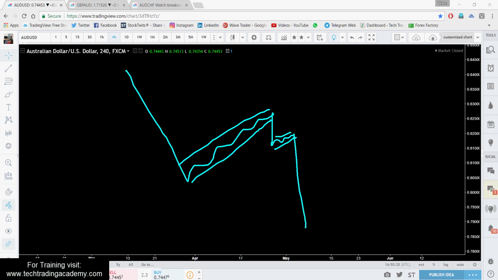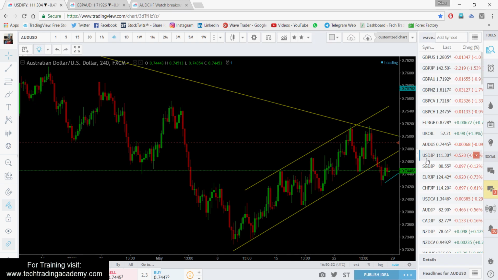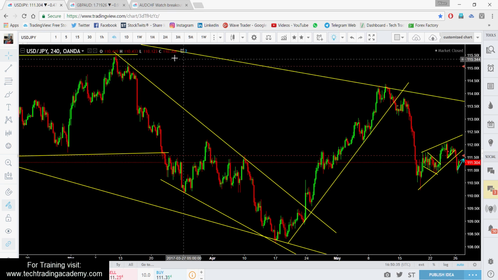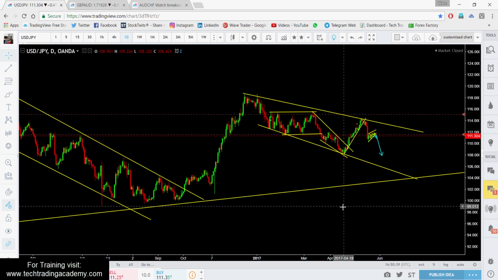So this is a common technique which we use, and we are using that technique on this pair as well. Last week we were looking for continuation. We haven't seen continuation. Price was just extending this pattern on the daily time frame.